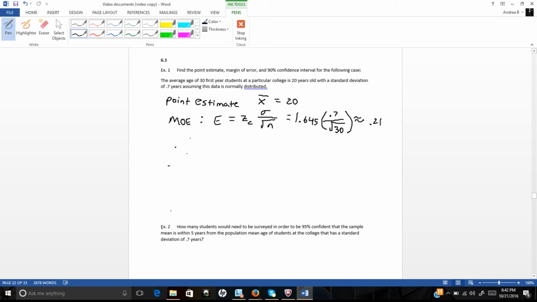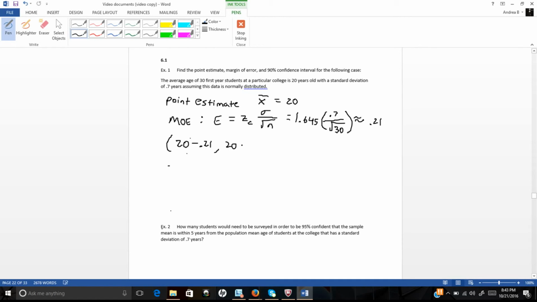And then the confidence interval, what you do for that is you combine together that point estimate and the margin of error. To write this out, you can write it as an interval. Intervals have the parentheses that we're putting the values into. You put the smaller value first, so we do that point estimate minus the margin of error, the smaller number first, comma, and then the bigger number.